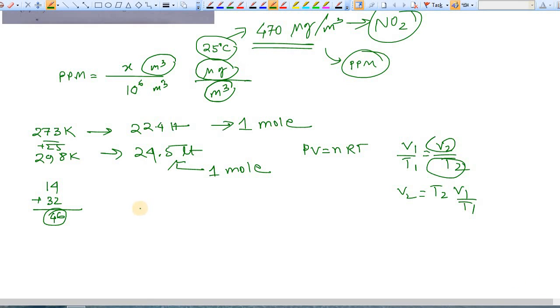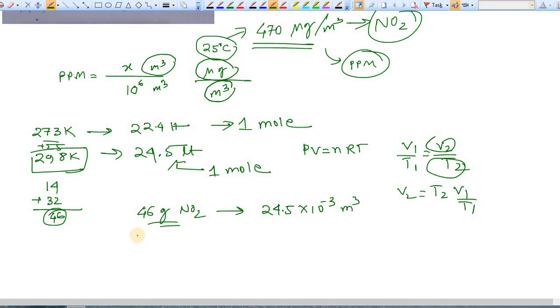So for 46 gram of nitrogen dioxide at 298 Kelvin temperature, we have 24.5 liter or 24.5 times 10 to the power minus 3 meter cube volume.